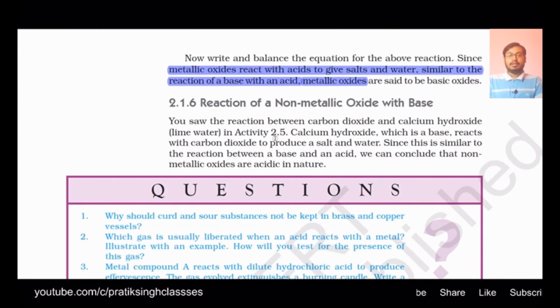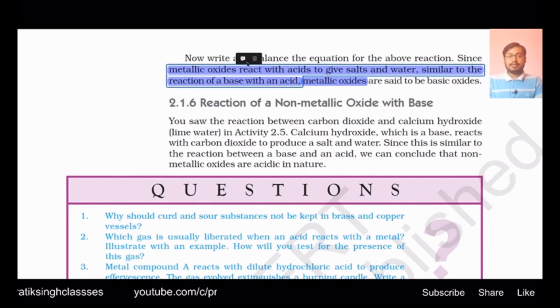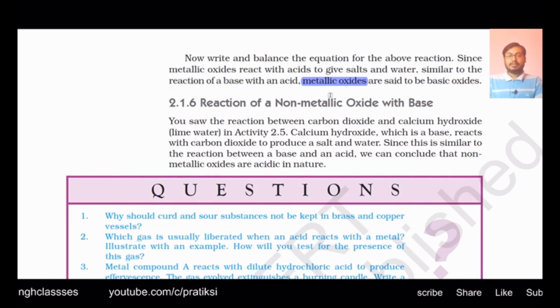Now write the balanced equation for the above reaction. Since metallic oxides react with acids to give salt and water, similar to the reactions of a base with an acid, metallic oxides are said to be basic oxides also. So whenever you see any kind of metallic oxide, it is basic in nature.